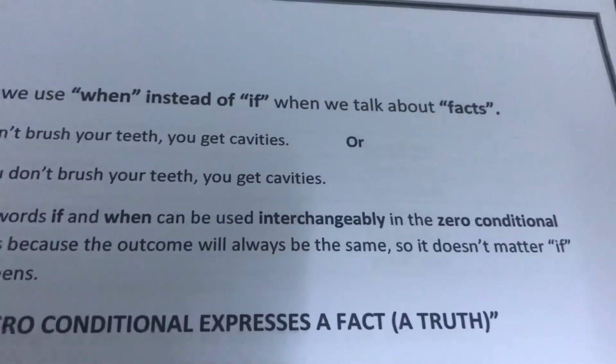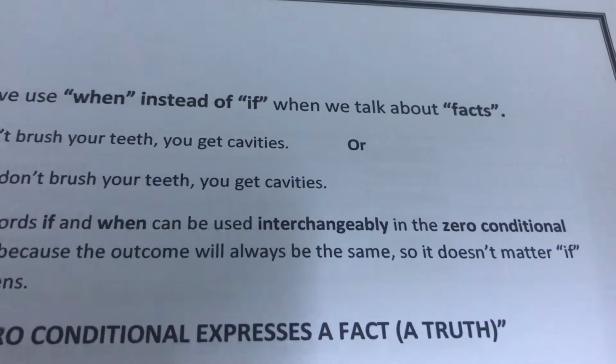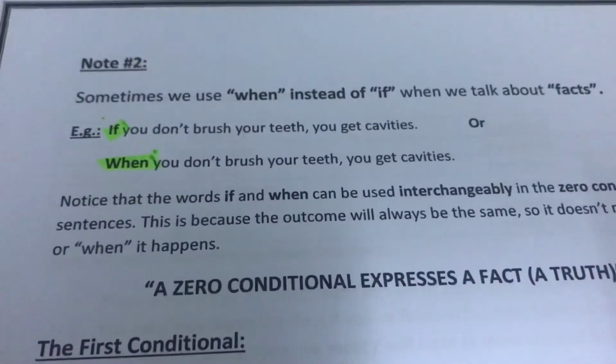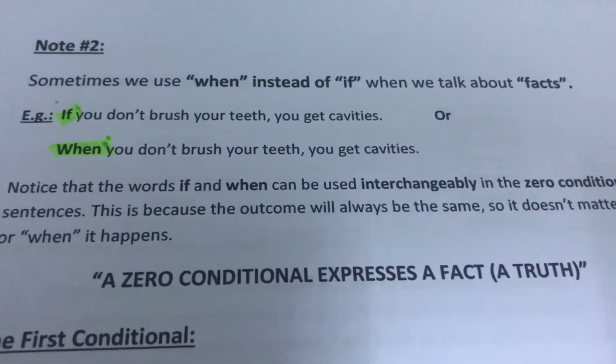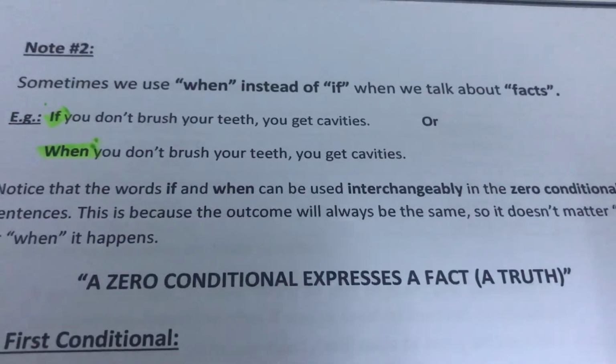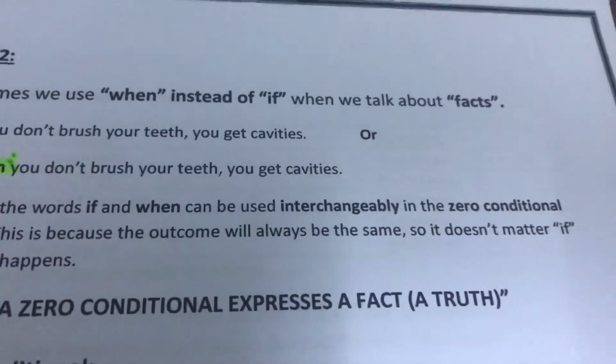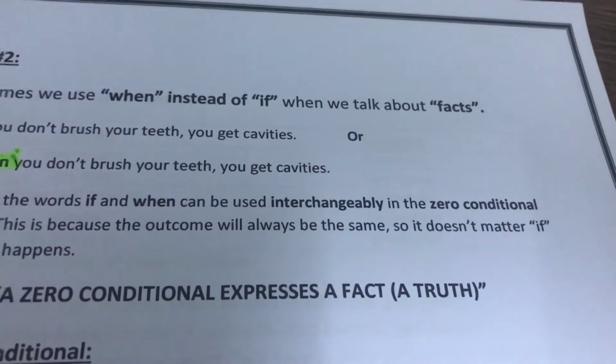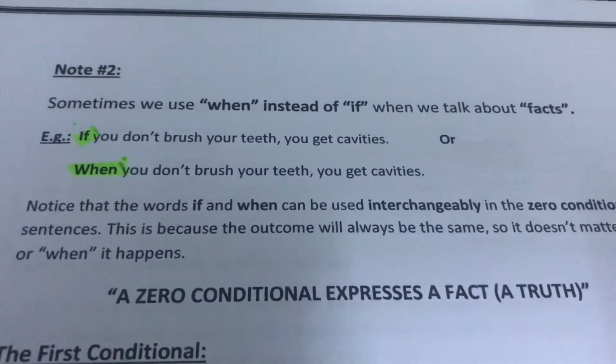And in the zero conditional, why? Because it talks about facts. This is because the outcome will always be the same. So it doesn't matter if or when it happens.